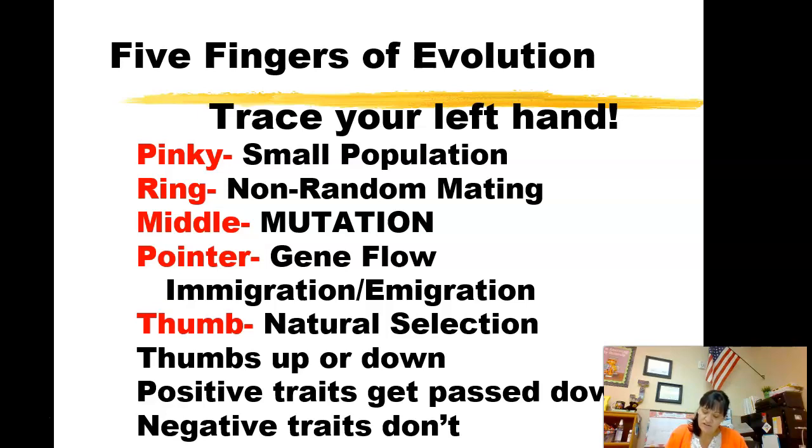Thumbs up for genes and positive traits that are going to get passed down. It's going to help them to survive and reproduce. So thumbs up for the good traits. Thumbs down for bad traits.